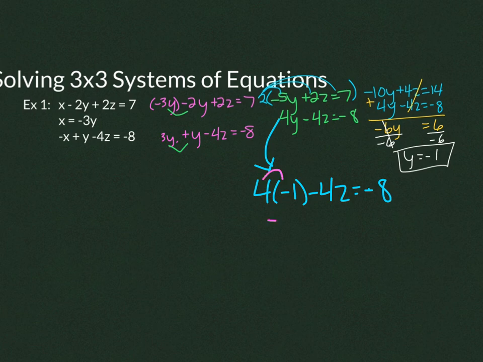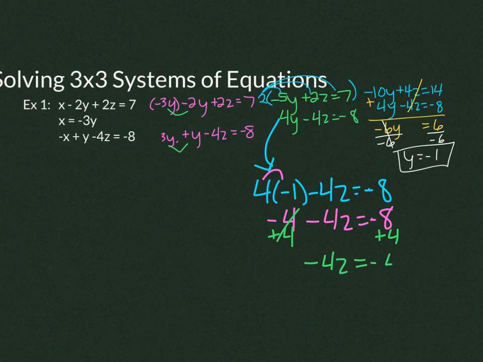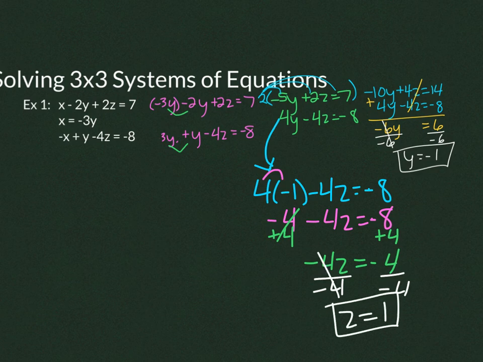Remember, we're going to distribute first. Then we're going to start getting the z by itself, so I'll add 4 to the other side. We get negative 4z equals negative 4. I can divide and z equals positive 1. There's the second of my 3 answers.